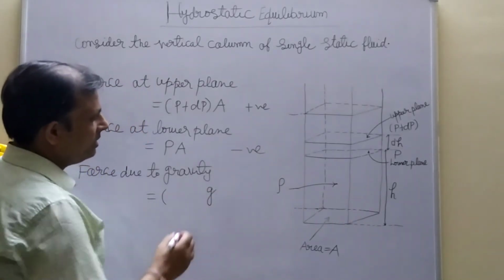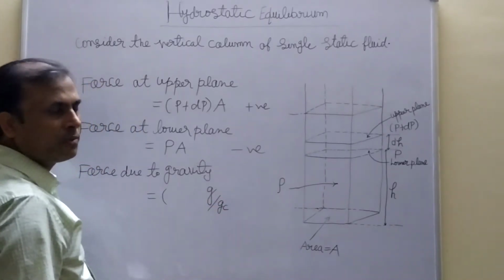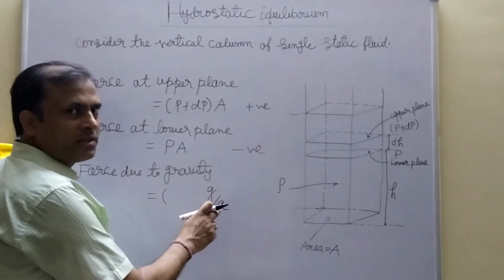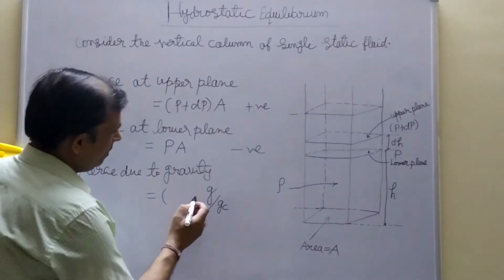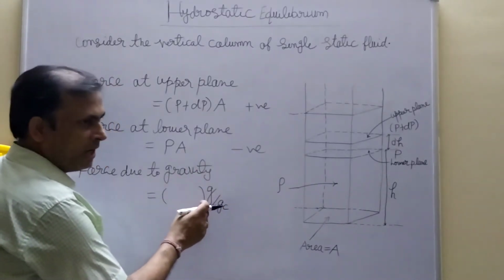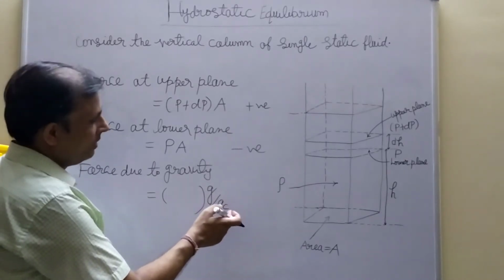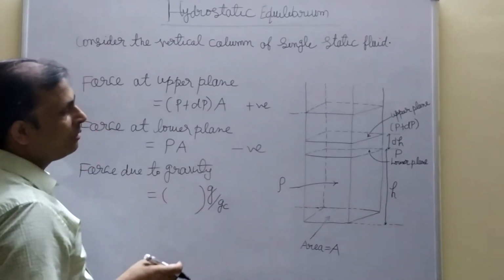Here we are writing g by gc if we are deriving this equation in FPS units. If we convert this equation to SI units, gc will be equal to 1. So this is mass into acceleration, F equals m into g. How will we calculate m?